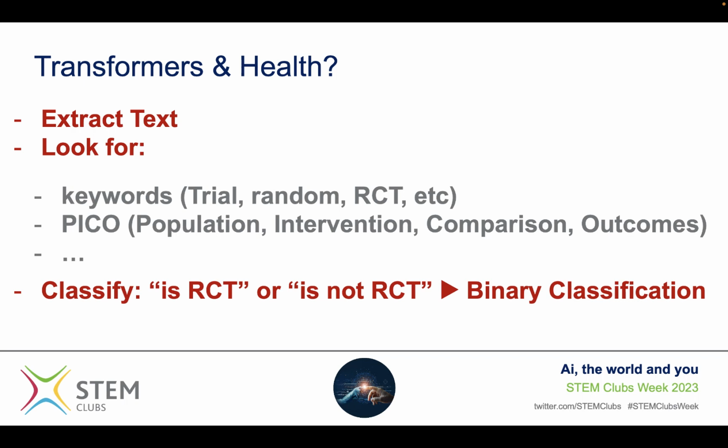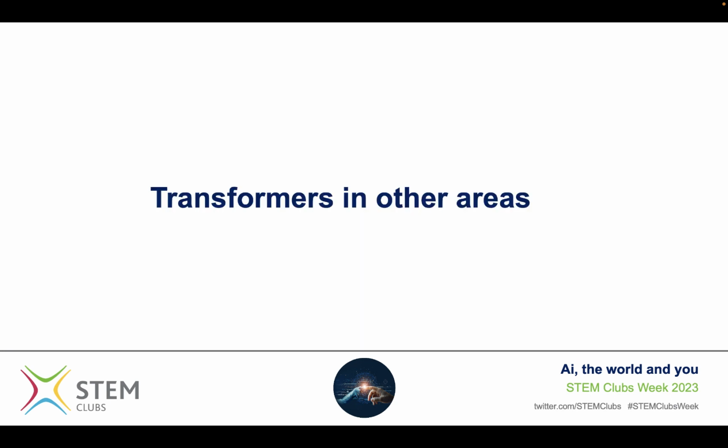And what are the outcomes, of course? And again, transformers can learn the context in the sentences from the different words and therefore can pick up on those elements really well. Aside from this, there are transformers in other areas. We heard that earlier, briefly, when we looked at medical imaging and transformers being applied in computer vision tasks.